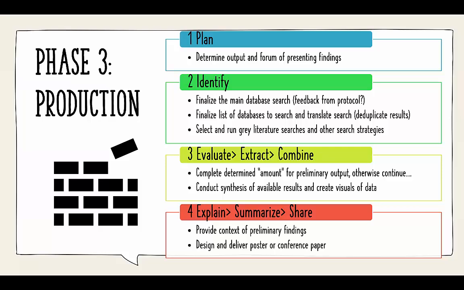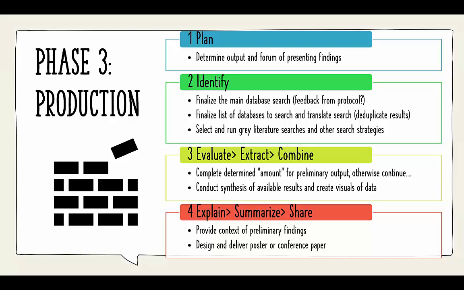In the production phase, this is where you're working through your PIECES processes. So in this plan, want to think about, are we going to present our preliminary findings? Who wants to see these before we're all done? And then that identify stage, and that's pretty much what we're going to talk about today, is just the identifying stage.